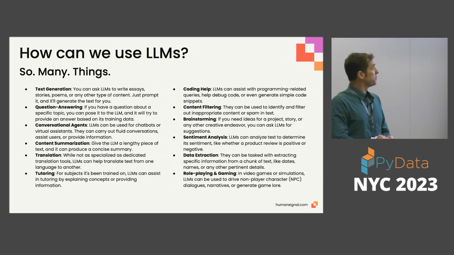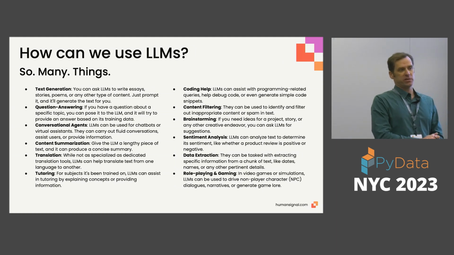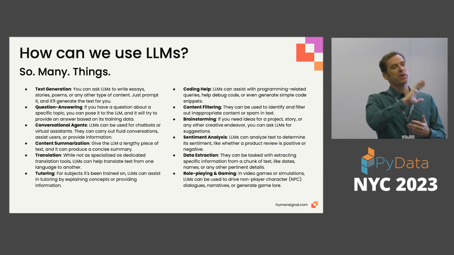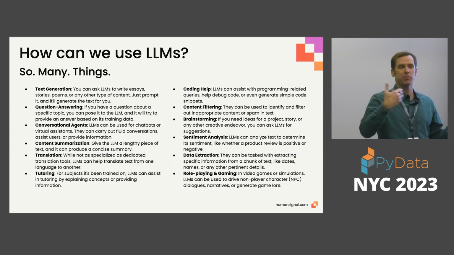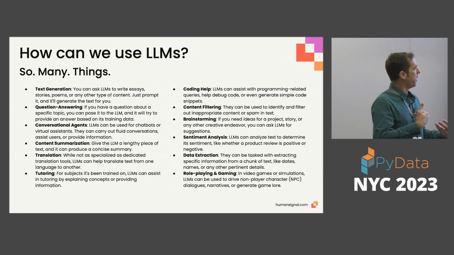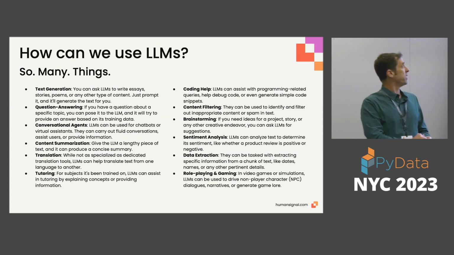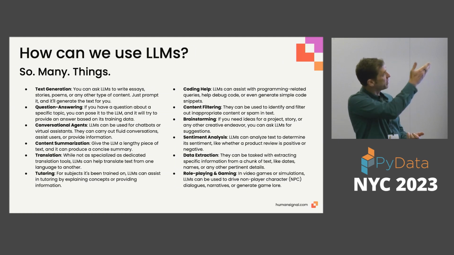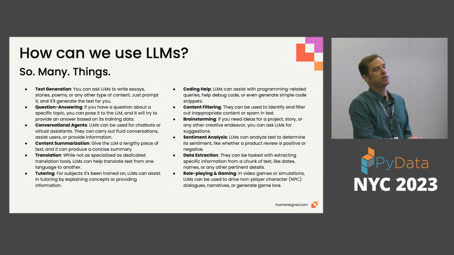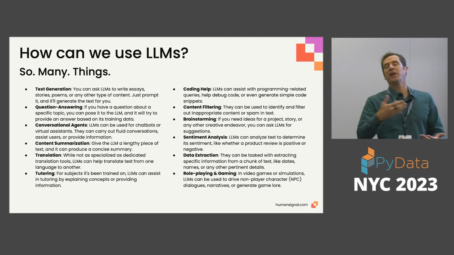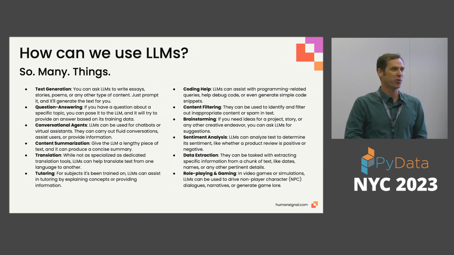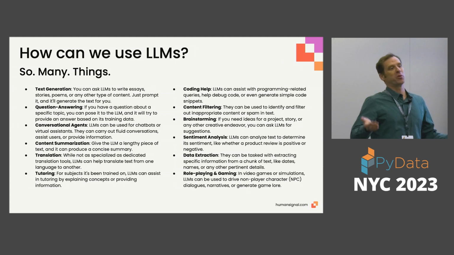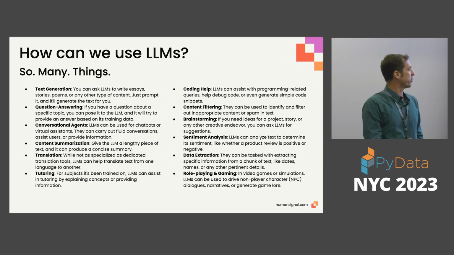So LLMs are winding up being massively useful. Two years ago, we barely even thought about these things. There was some talk of GPT models and the things that they could do, but they've really taken off this year. You may have used ChatGPT for things like writing a resume, or a cover letter for a job that you're applying for, or finishing a report, or just asking questions about general things.